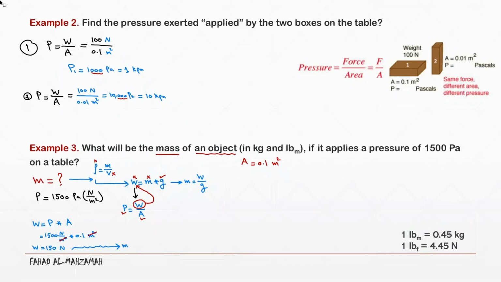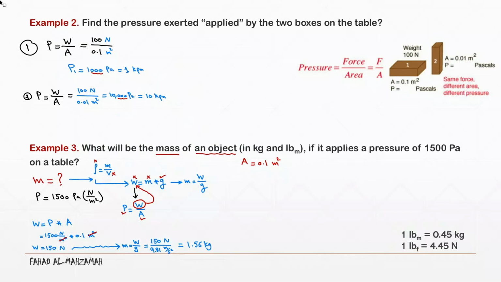So mass is now equal to weight over G, and the weight is 150 Newton divided by 9.81 meter per square second, which is equal to 1.56 kilogram.